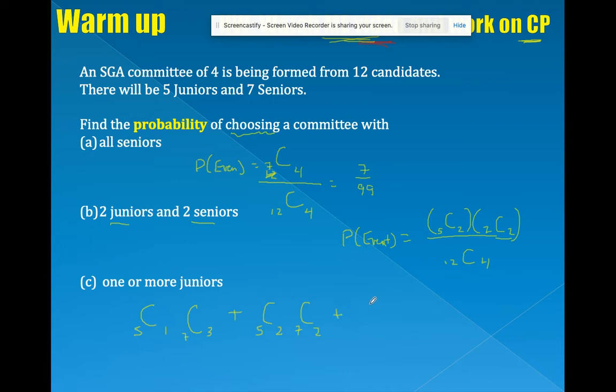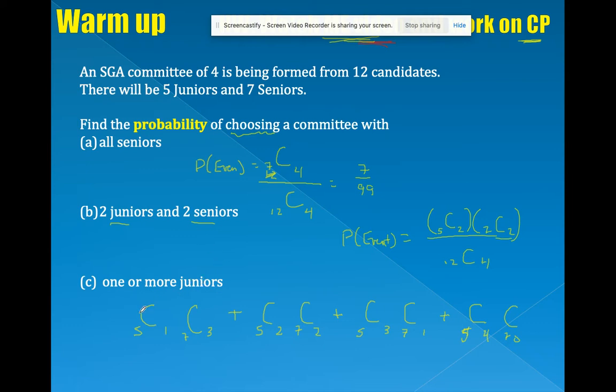Also, I could pick 3 juniors and only 1 senior. Also, I could pick 4 juniors and out of the 7 seniors, pick none. So you see, there was no situation where I had no juniors.